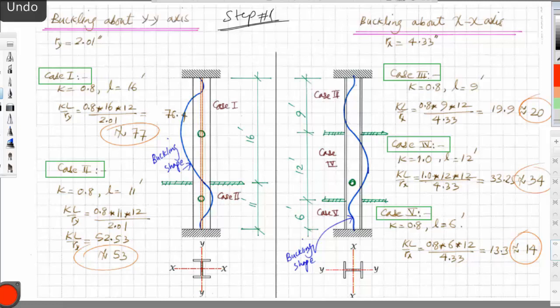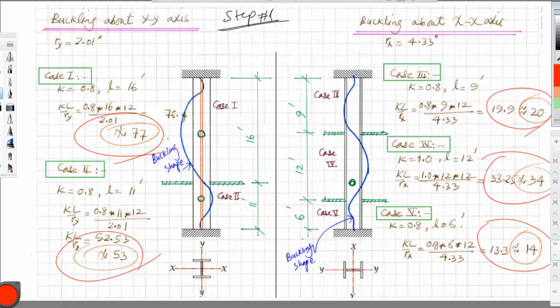Now you see you have all of these 5 values. In step number 2, we need to choose the largest value, and the largest value is 77.